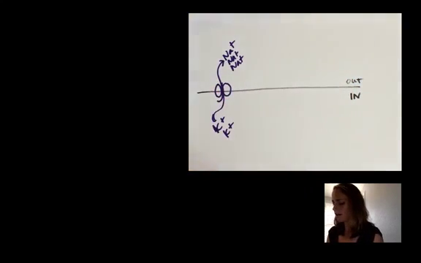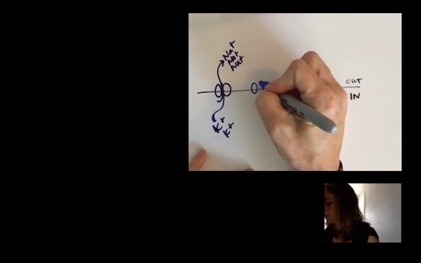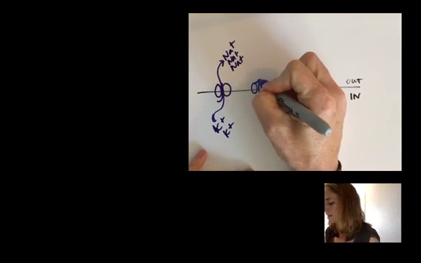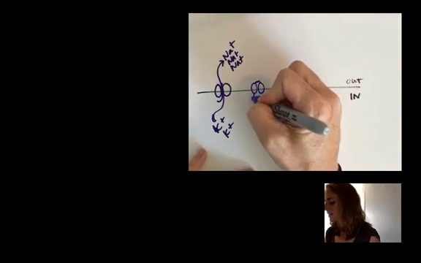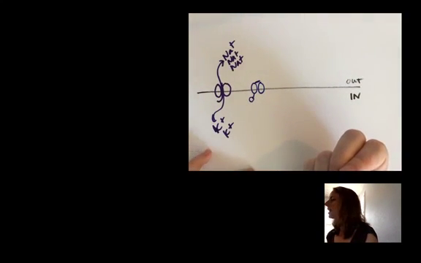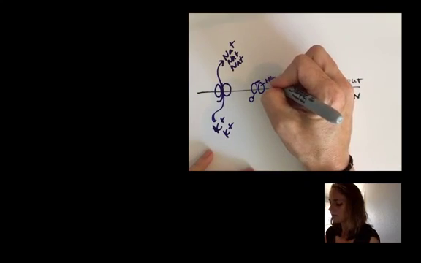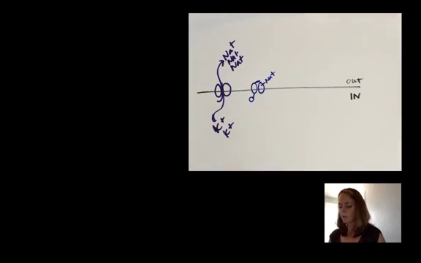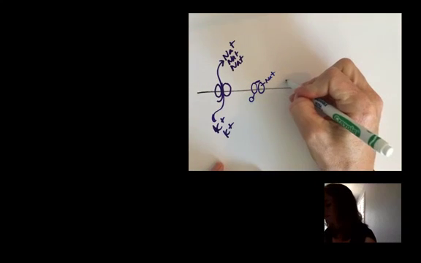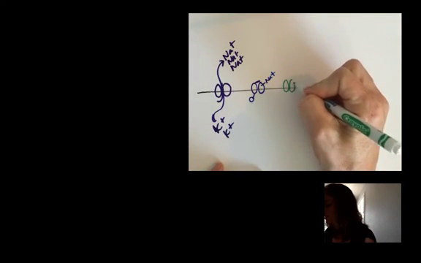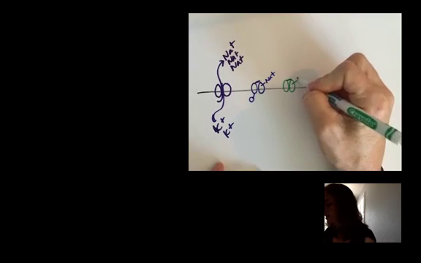We've got our sodium voltage-gated channels that have a gate and an inactivation gate. Then we have voltage-gated potassium channels that just have a gate.